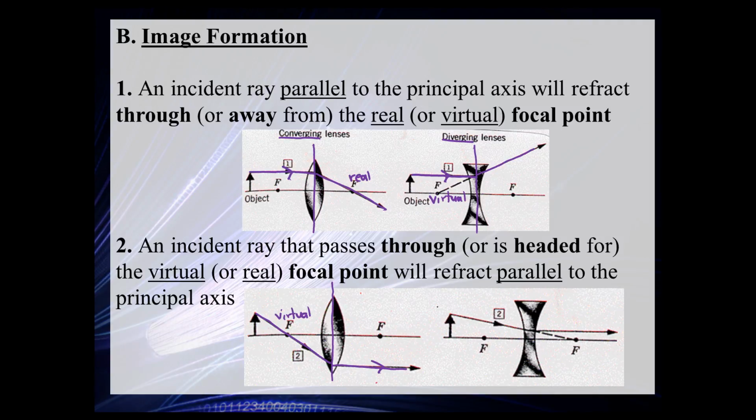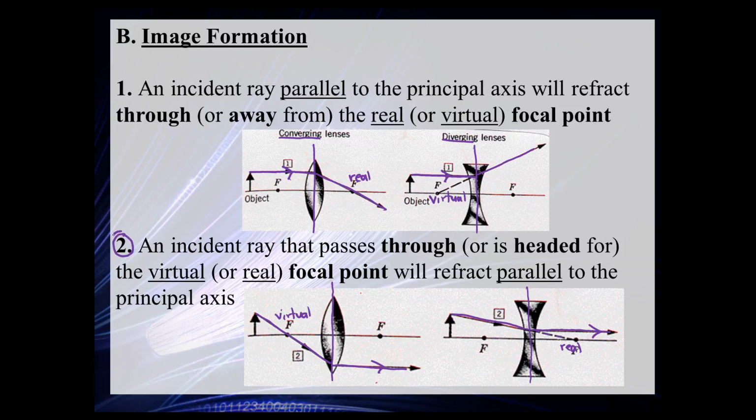Or if we're dealing with a diverging lens, if we have a ray of light that is headed, again, we'll draw that vertical line in the middle, headed for the real focal point, it refracts in a direction that is parallel to the principal axis. I find rule 2 is the most difficult one to memorize.